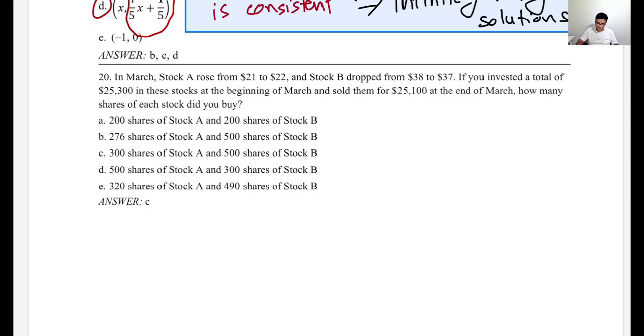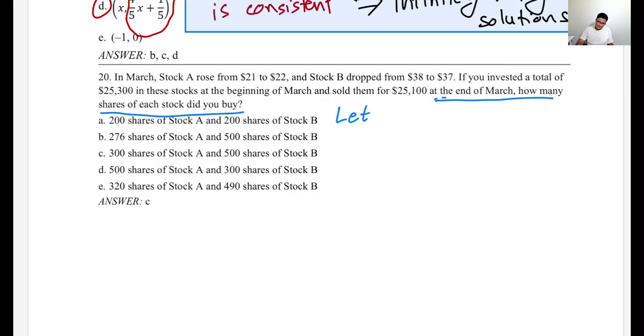In your written solution, you begin like this. There is a sequence of steps we follow, which is first we assign variables for the unknown quantities that the question is asking you to find. It is asking you to find how many shares of each stock you buy.